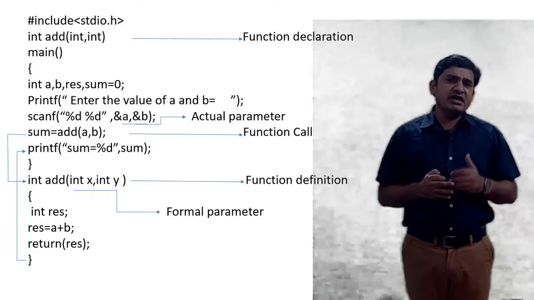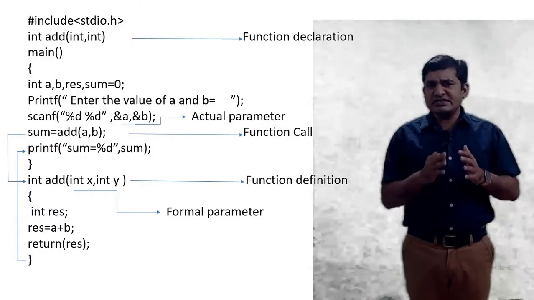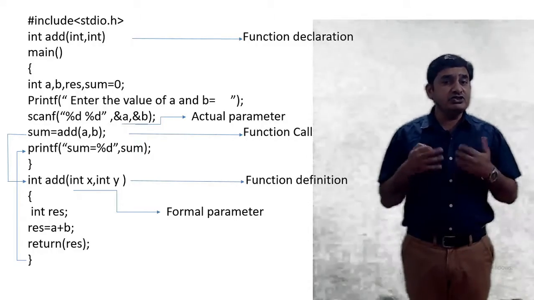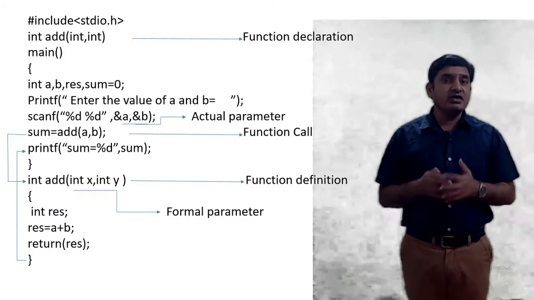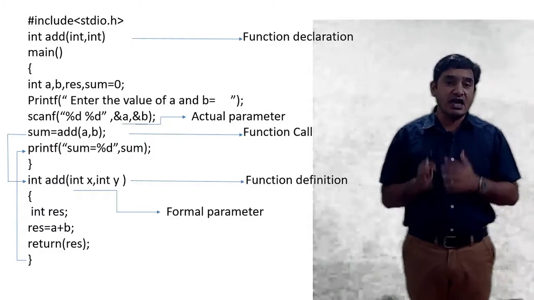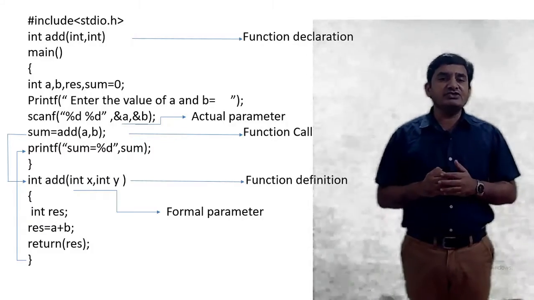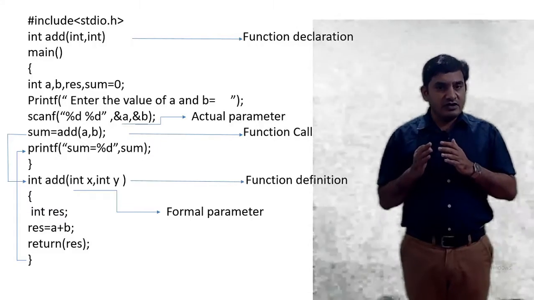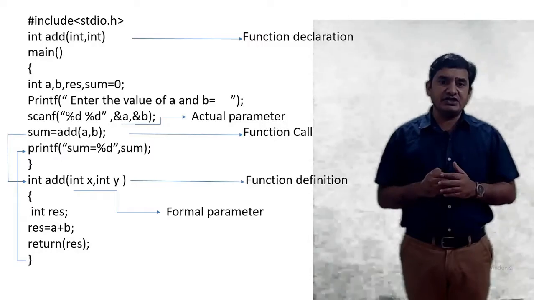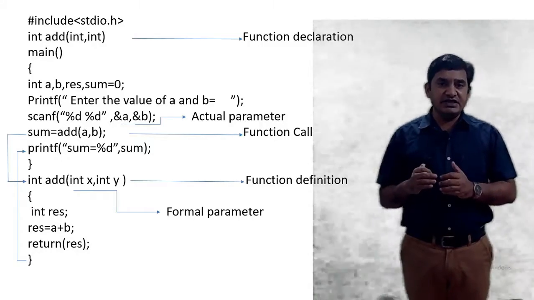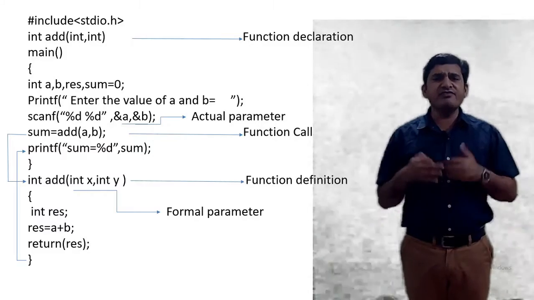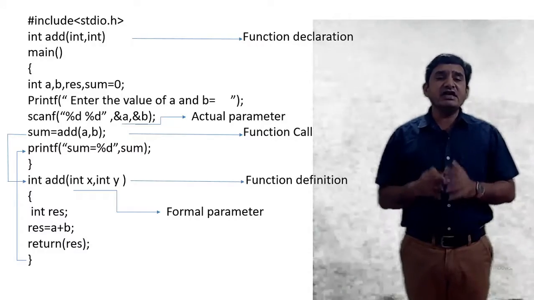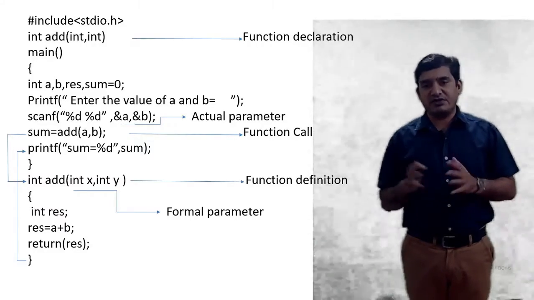Here a and b are the actual values or actual parameters. Then printf is used to print the sum, which is printed at last. Program execution goes from sum = add(a, b) to int add(int x, int y). This is the function definition, and int x and int y are formal parameters.